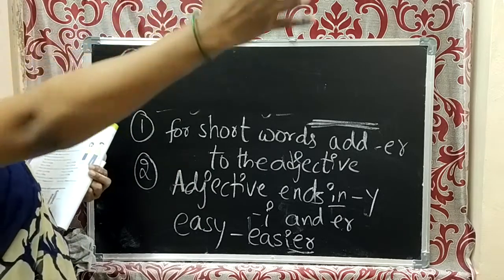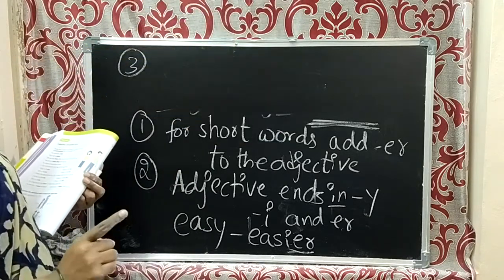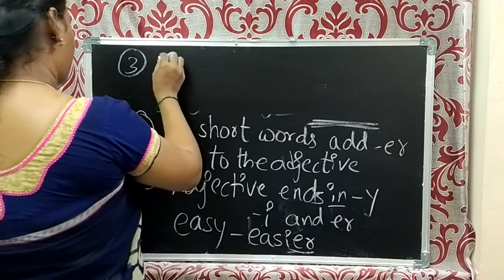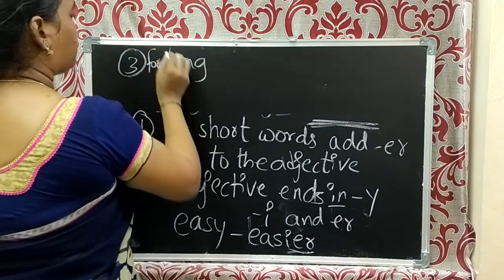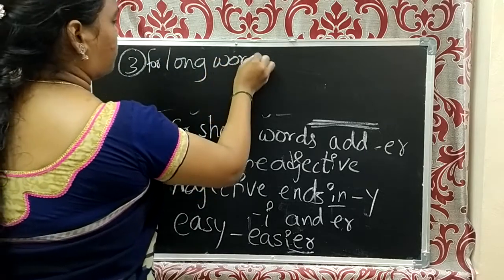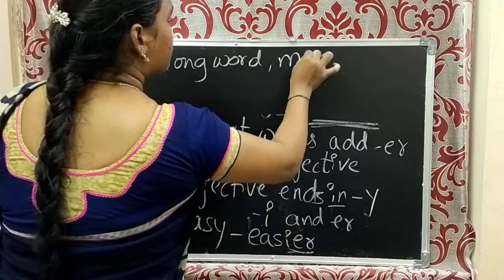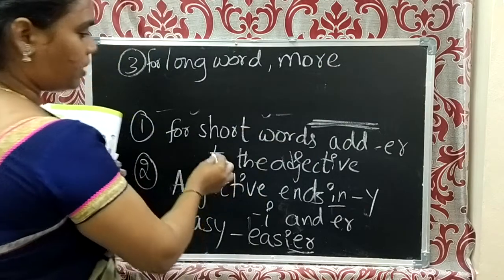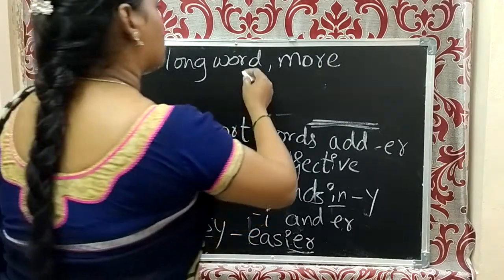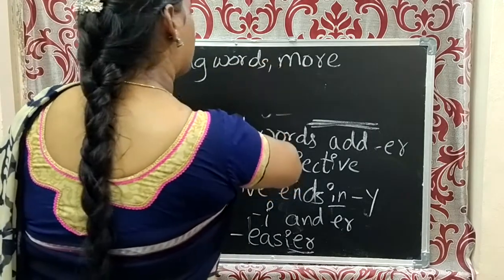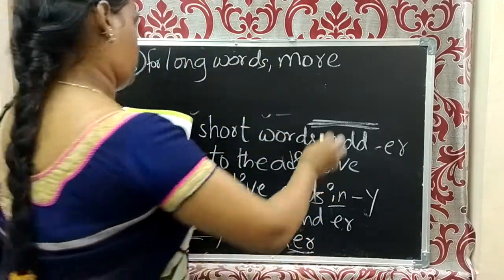For long words, use more in front of the adjective. We already discussed this. For long words, that means words with more syllables, because this one has only one syllable. So for long words, we use more in front.